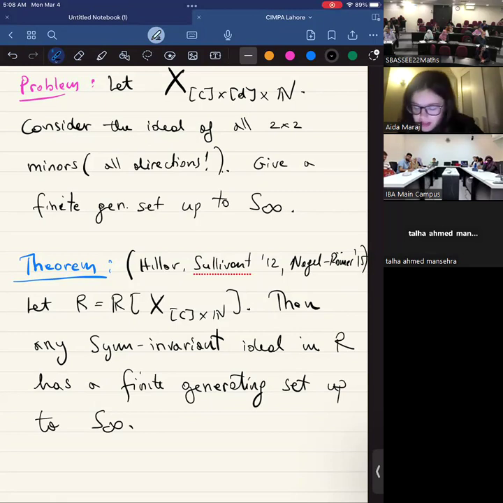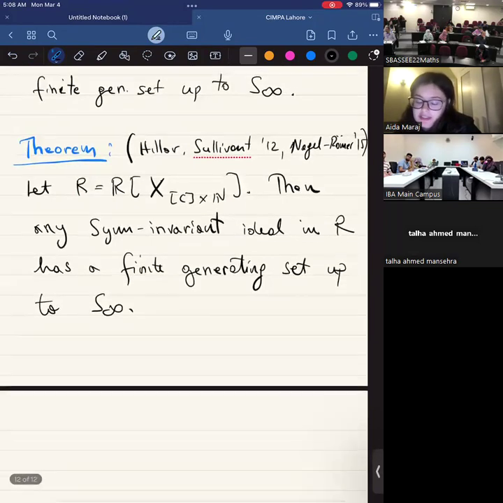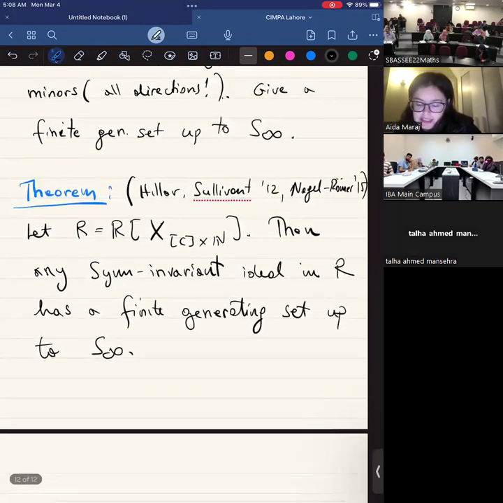I think this is a nice statement, and that is enough for us. So this guarantees that every time we have an ideal in this polynomial ring that is invariant under S infinity, it must have a finite generating set up to this group action.